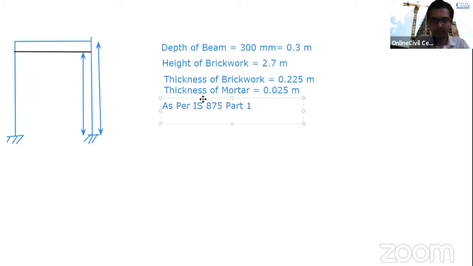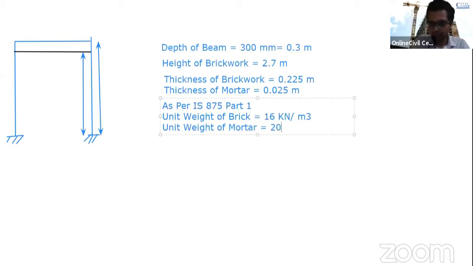IS 875 part 1 gives a range for the unit weight of brick, so we take a value in this range, in kilonewton per meter cube. And the unit weight of mortar equals 20.4, let's take 20. If you want the accurate value, we can also take 20.4. So we'll take 20 kilonewton per meter cube. These two values we got from the IS code.